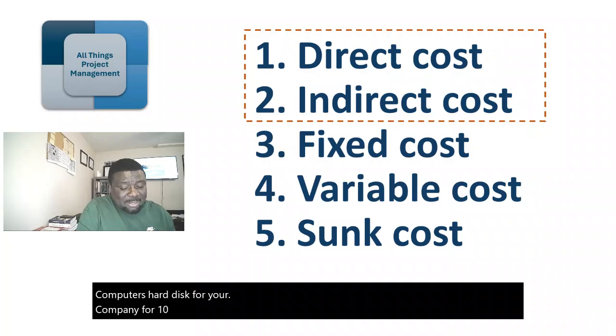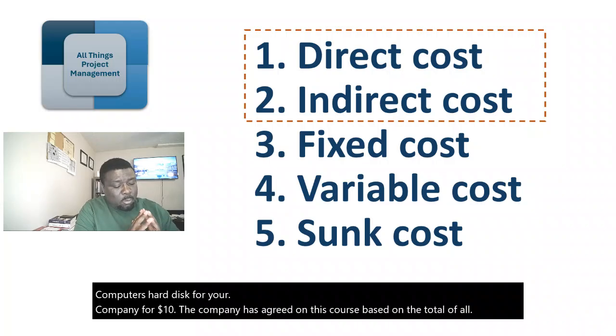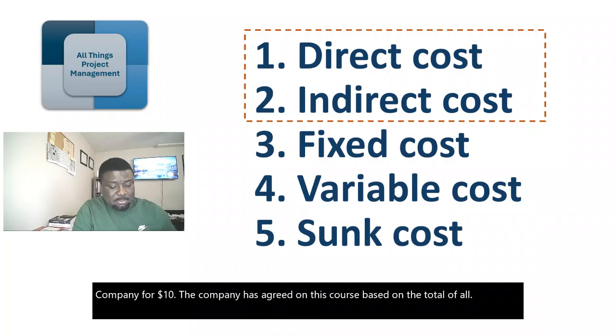The company has agreed on this cost based on the total of all direct expenses. In this case, the variable cost for the project will be, think about it, $2,000, which is 10 by the 200.